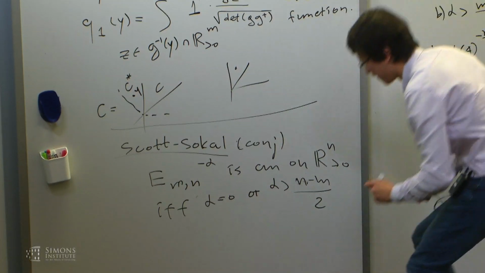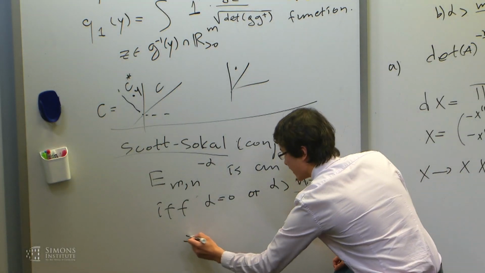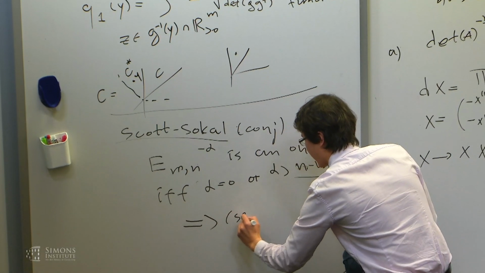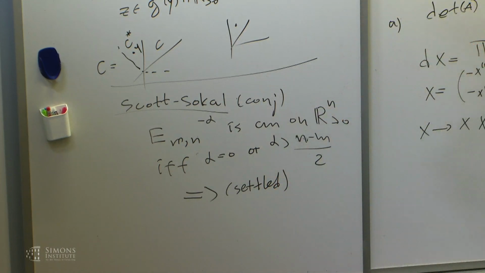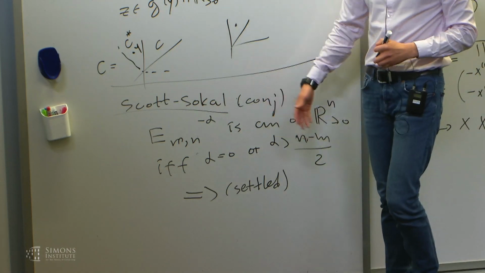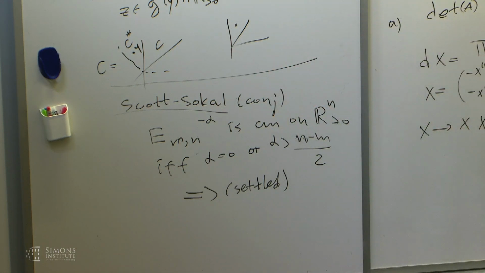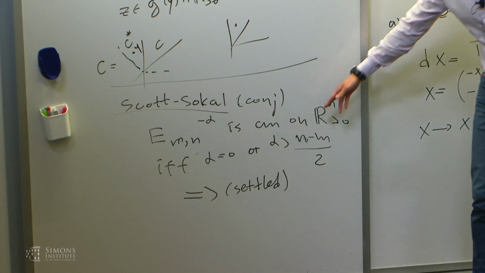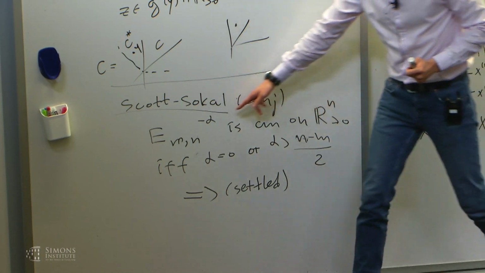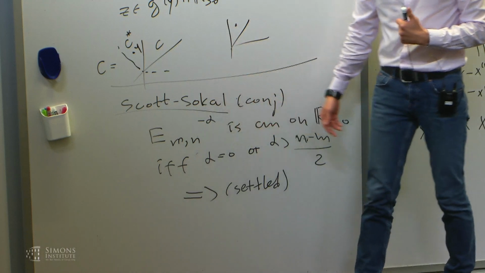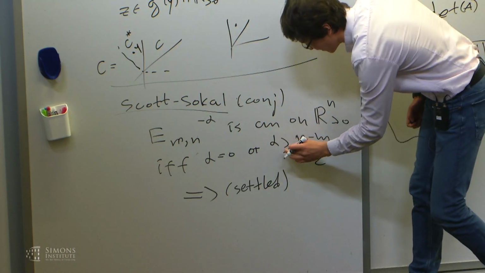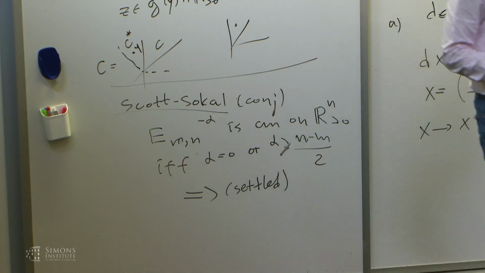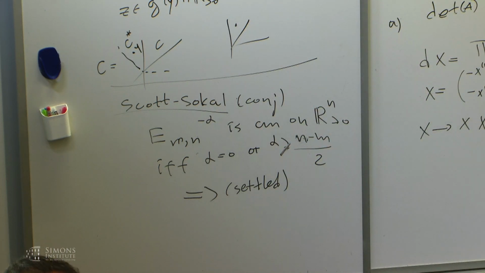In fact, this direction is settled, and it will also appear in the forthcoming paper. The other direction is open. But we know that sufficiently big alpha ensures complete monotonicity of this function, but the conjecture is that it works for any alpha in this range. In fact, it should be strictly positive. Okay, thank you very much.